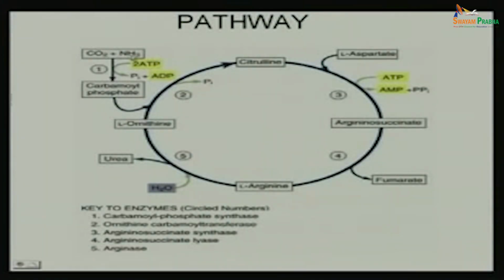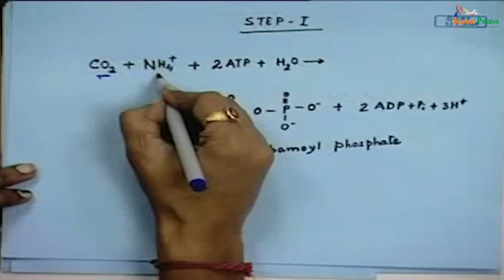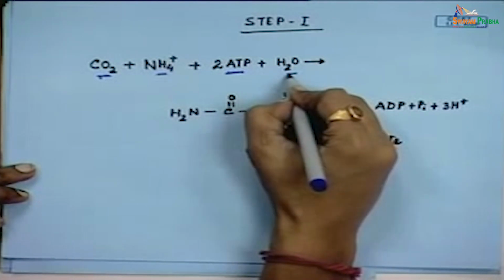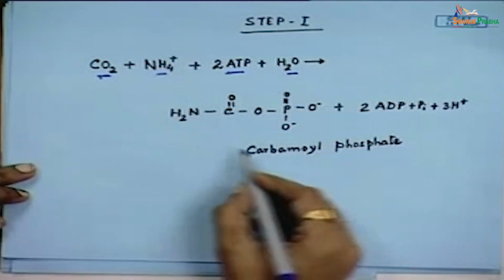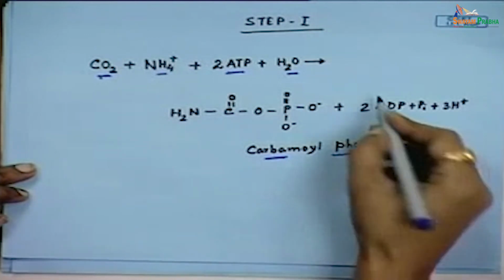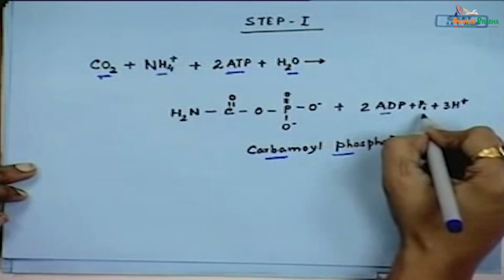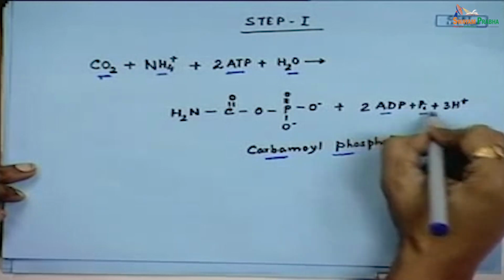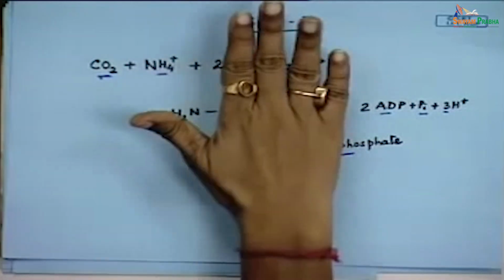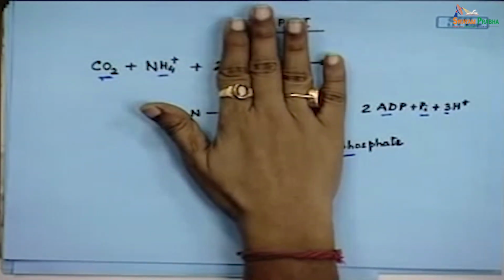Ammonia in the form of ammonium ion, 2 molecules of ATP and 1 water molecule yield carbamoyl phosphate along with the production of 2 ADP, Pi and 3 hydrogen ions. So, this is the first step of the urea cycle.